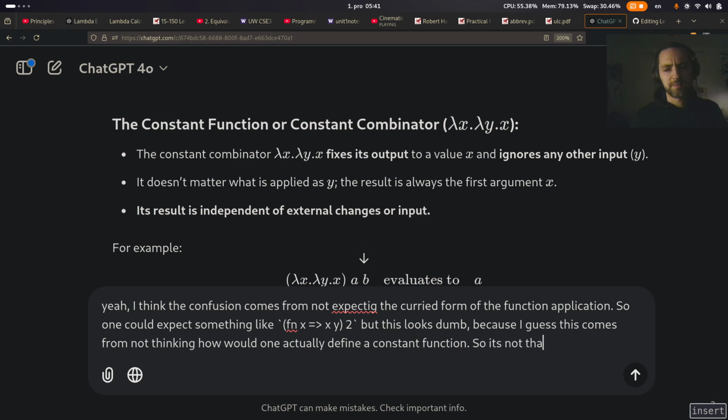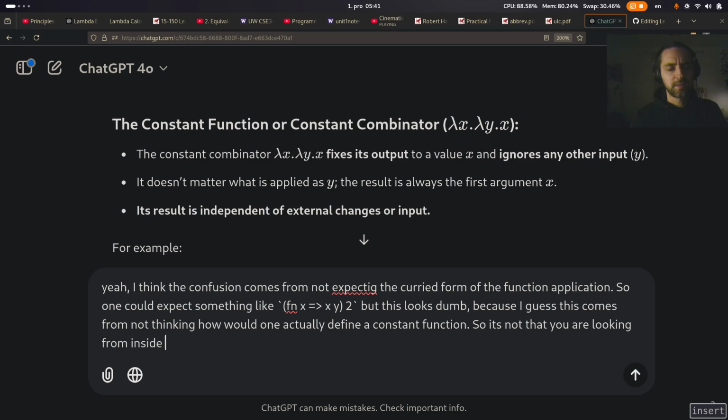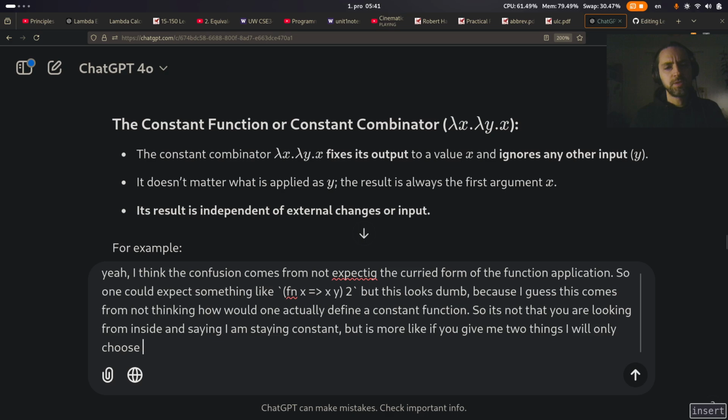So it's not that you are looking from inside and saying I am staying constant, but more like, if you give me two things, I will only choose the first thing.